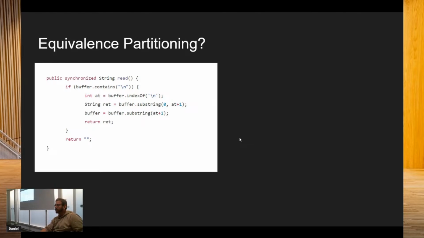So I think equivalence partitioning might be a bit of a theoretical construct. It's an interesting one still, but if we find the equivalent partitions here, it's probably a buffer that contains \n and another buffer that does not contain \n. Suddenly, when we have code, then we're more thinking about coverage of the code, I would say, than equivalent partitions.